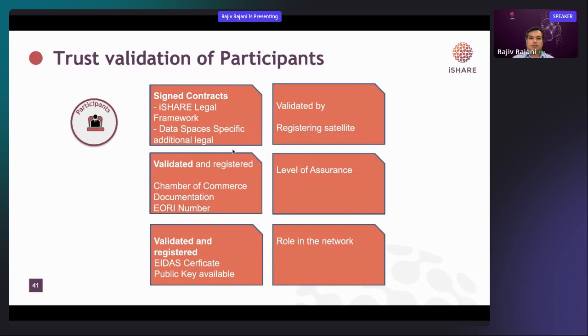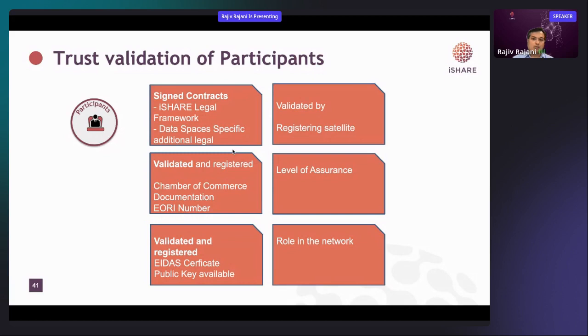Additionally, of course, any participant who is registered also procures a PKI certificate. Currently it's an eIDAS certificate. If you are within Europe, you can always buy an eIDAS certificate. Outside Europe, an equivalent kind of certificate is accepted.